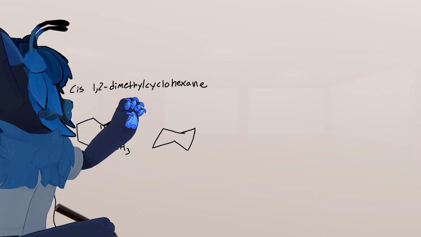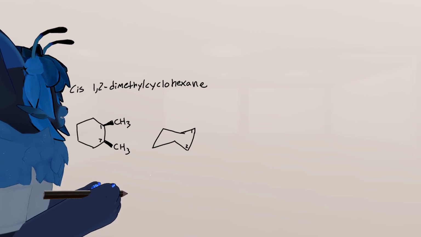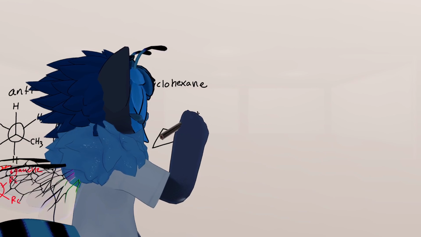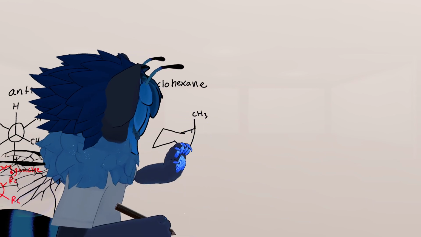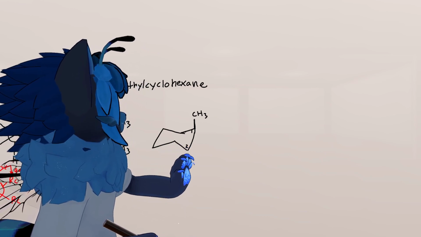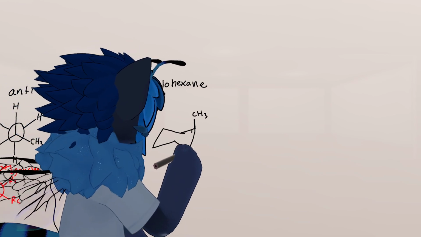Okay. Let's call these 2 carbons 1 and 2. Now, because they're pointing up, one of them has to be axial up. And the other methyl group on 2 can't be in the axial position, because that axial is down. So it has to be equatorial up.